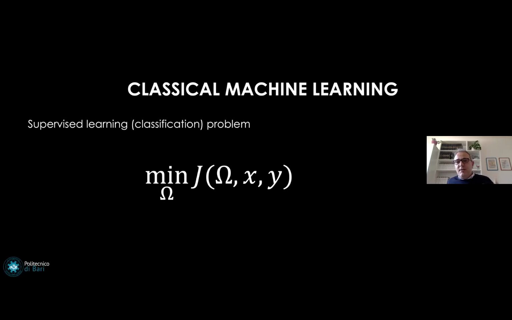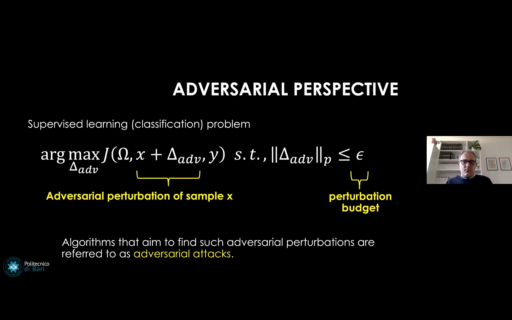So we want to find the value of the parameters omega such that we minimize this loss function with respect to the parameters omega, an input x, and the output y. In an adversarial perspective, this is the problem: we want to find a perturbation such that this perturbation maximizes the loss, but at the same time, this perturbation must be as small as possible.